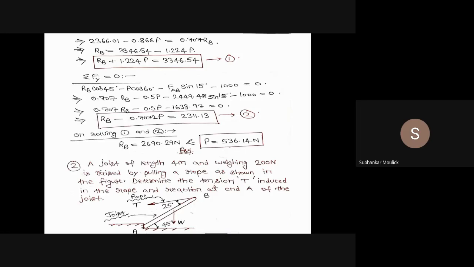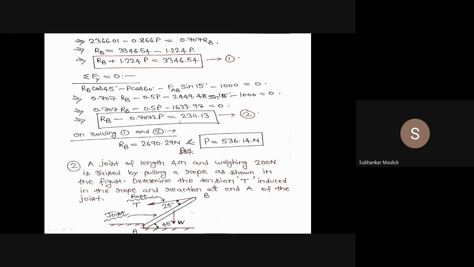If you solve this equation, you will get equation number 2, that is RB minus 0.5 times P... equal to 2311.13, equation 2. Now, in order to find the value of P, you have two equations, equation 1 and equation 2, as well as two unknowns.